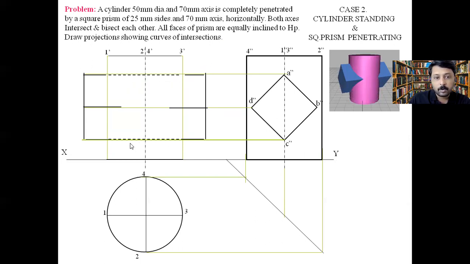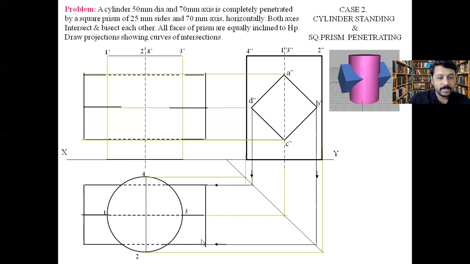Similarly with the bottom line, we have to draw it like a dash line. Then project again this in the bottom section like this, and complete the view by taking the projections like this. Similarly, we are going to have these dash lines.